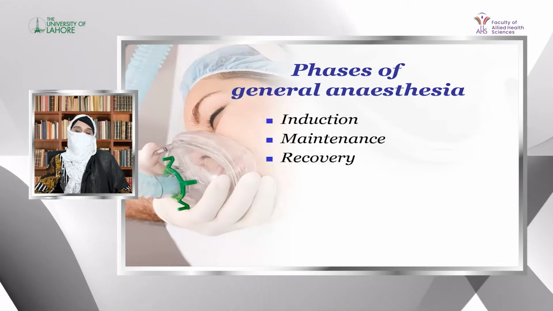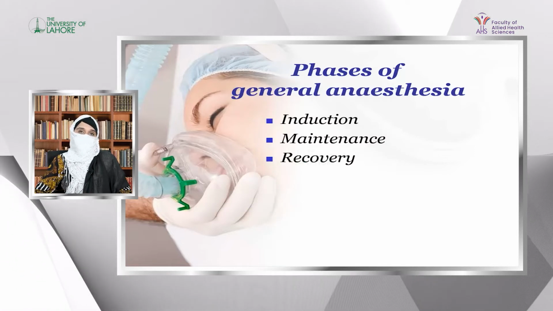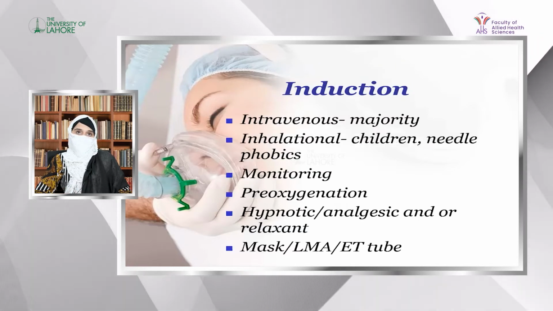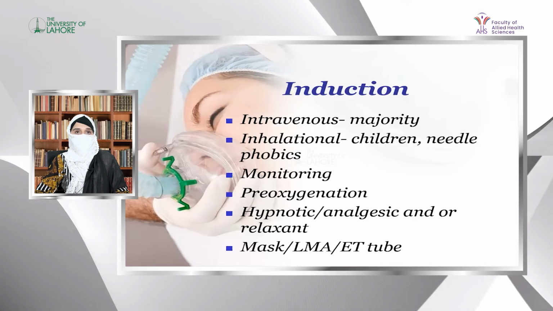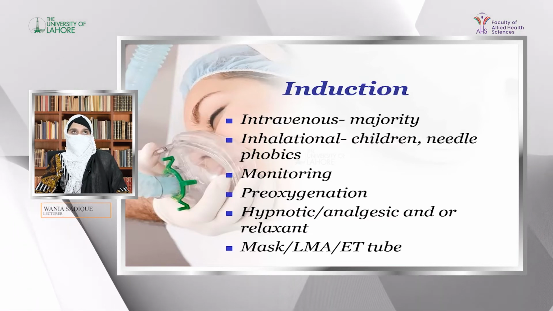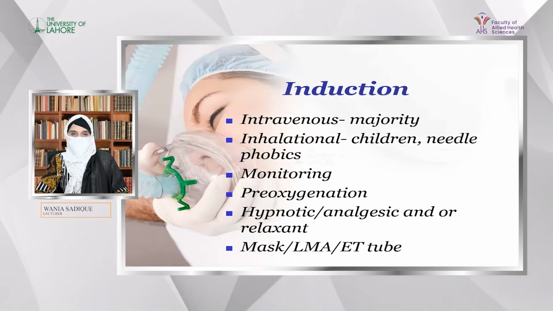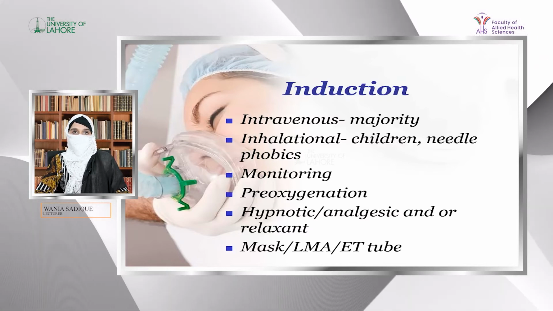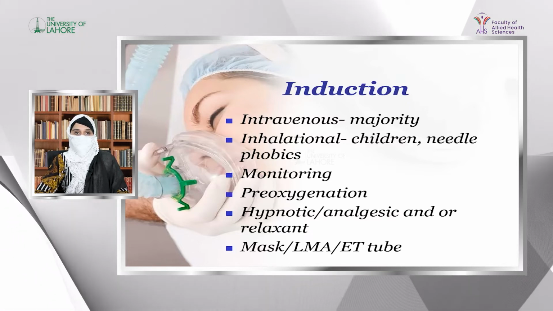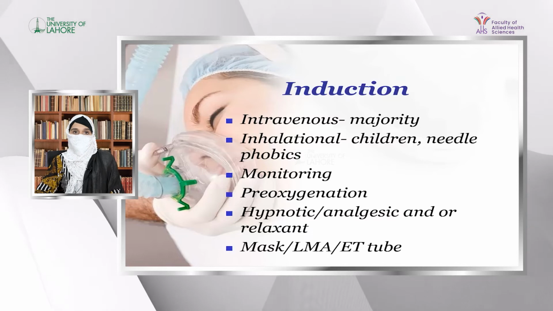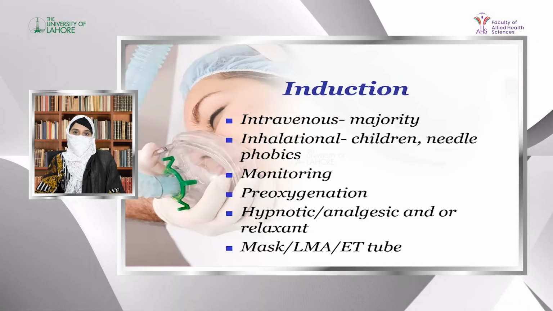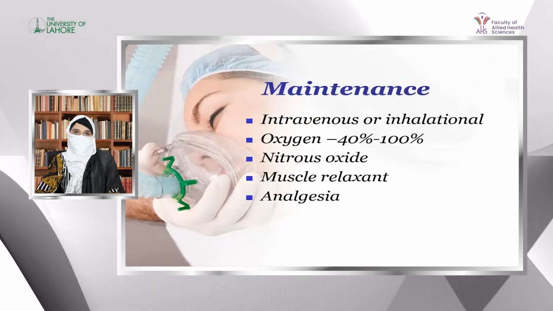Now moving on to phases of general anesthesia. General anesthesia phases include induction, maintenance, and recovery. First, we will discuss induction. Induction includes intravenous agents. Inhalational agents are usually for children or needle phobic patients. Induction includes monitoring, pre-oxygenation, which is the main part of the intubation process, analgesics and relaxants, masks, LMA, laryngeal mask airways, ETT, endotracheal tubes.